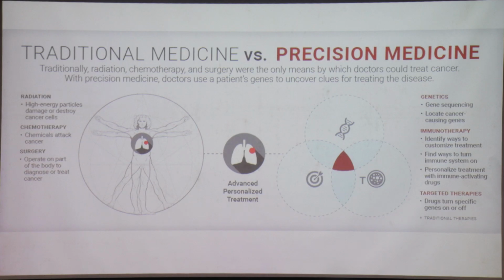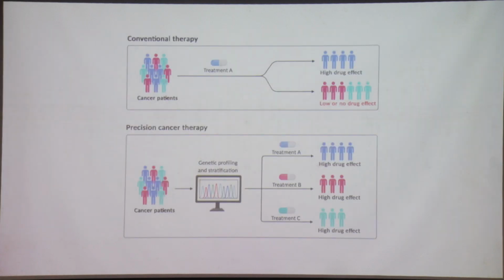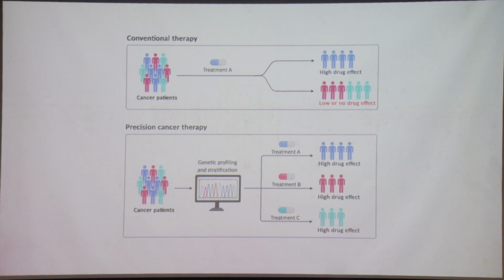That is precision, and it can be extremely precise. So you don't make one generic drug and give it to all of them. No, you give specific drugs to specific patients. That is precision. Here there is one treatment and you give the same drug to all the cancer patients.